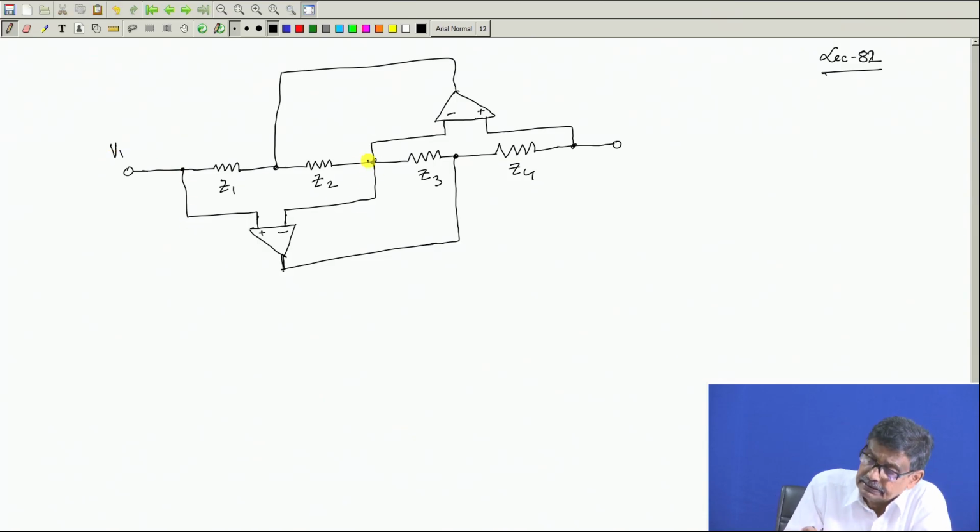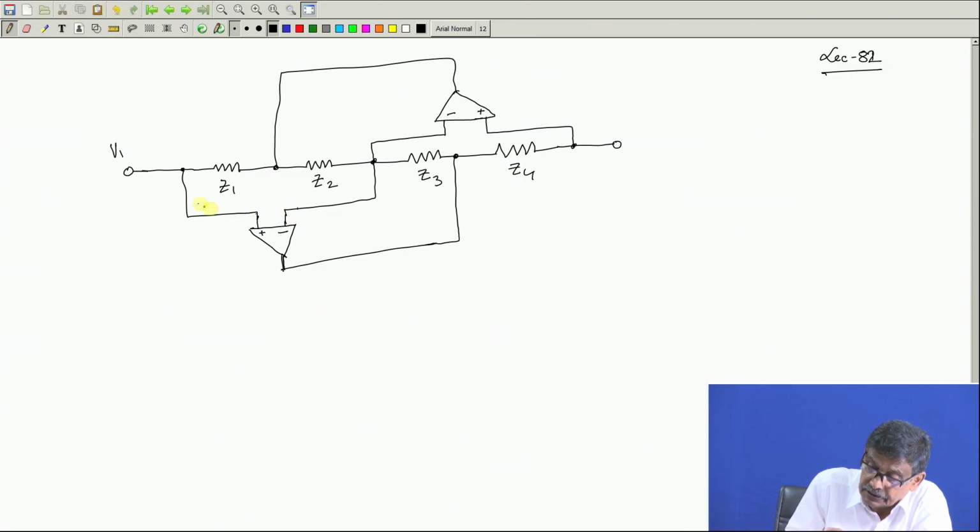Looking at the network, we treat these op amps to be ideal, therefore there cannot be any current in the input side of the op amp. So, the voltage difference between these two potentials must be zero. Therefore, if it is V1, the other one has to be V1, so that the voltage difference between them is 0. Got the point?